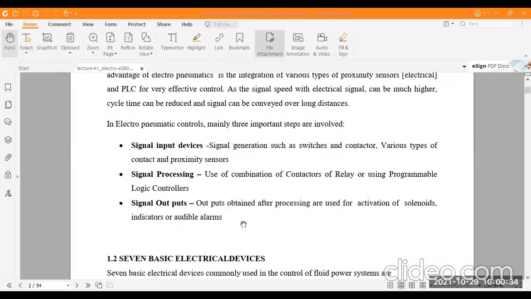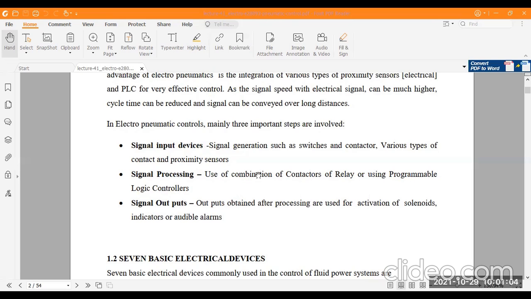Number three is the signal output. The output is obtained after processing and used for the activation of solenoids, that is, different types of cylinders, or inductors, coils, or audible alarms. So in the output of the pneumatic controller part, the outputs obtained after processing are used for the activation of solenoid valves, indicators or audible alarms.